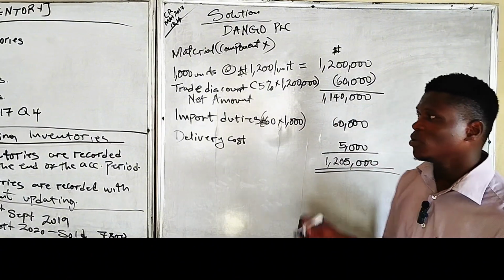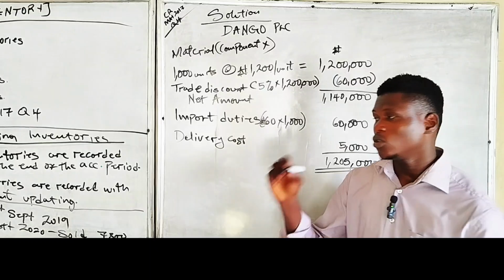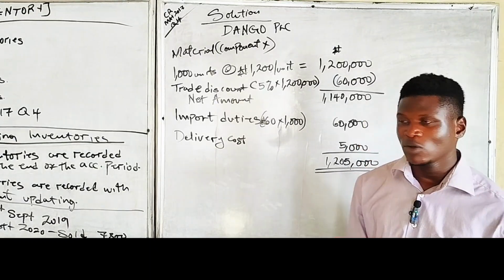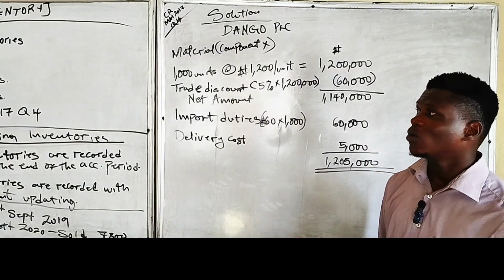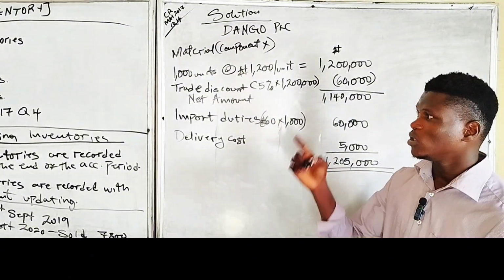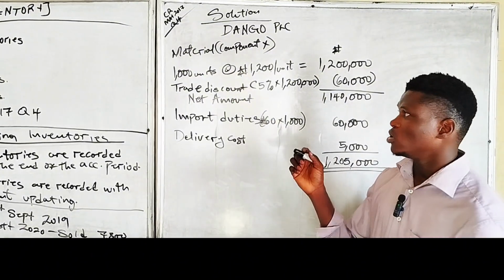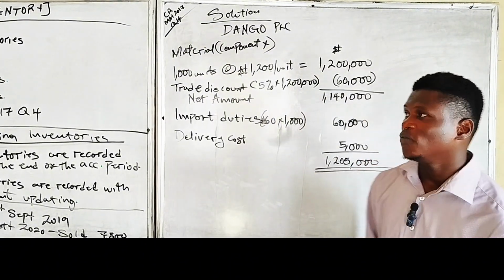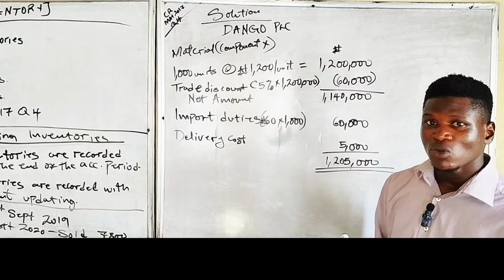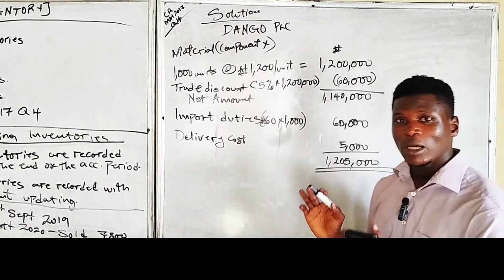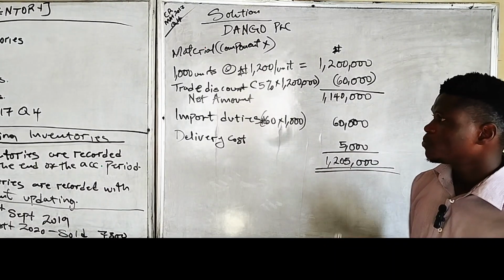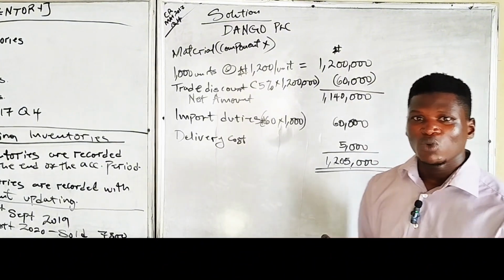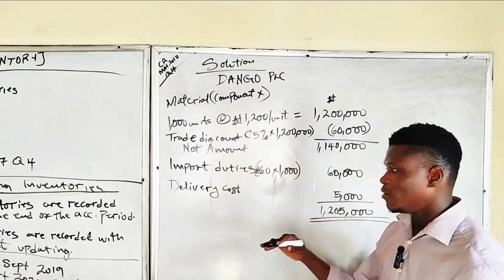Then disclosure requirement: we said an entity must disclose some important parts of the financial statements in accordance with IAS 2. You must disclose the methods of recording your inventory, the valuation techniques of inventory, and the current amount of your inventory at a particular period. You must also disclose the net realizable value of your inventory at the reporting date.